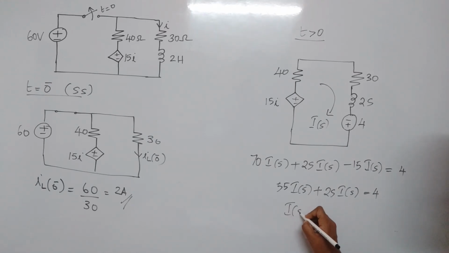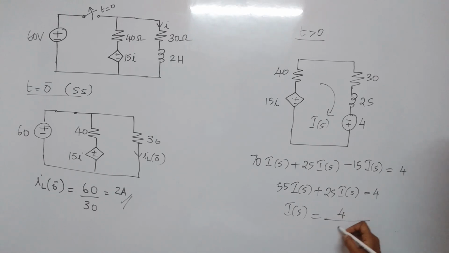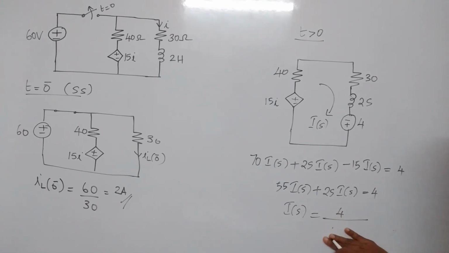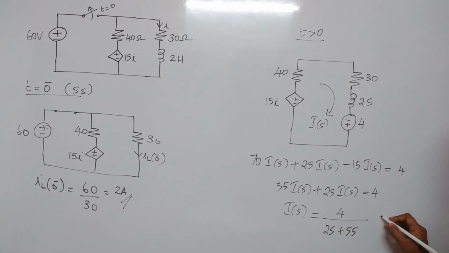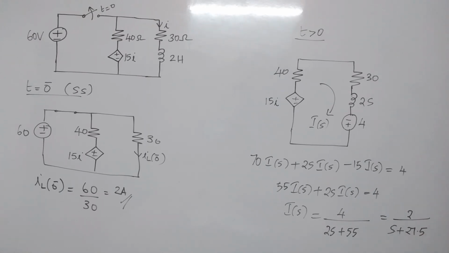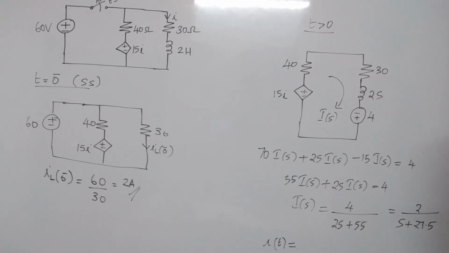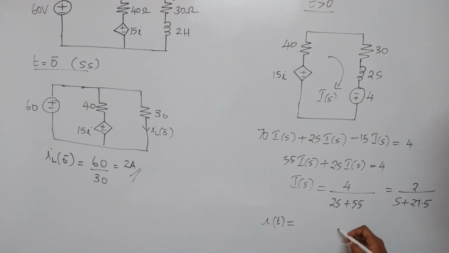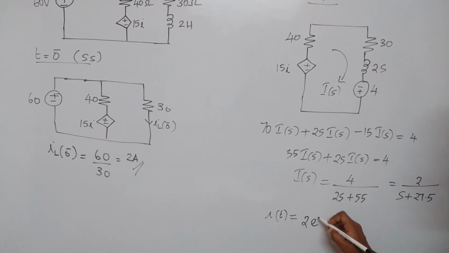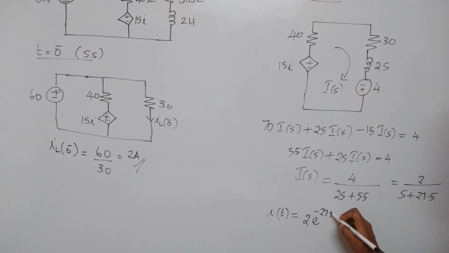Or I of S equal to 4 divided by 2S plus 55, or this can be written as 2 divided by S plus 55 by 2, which is 27.5. So this is in standard form. Therefore I of t is equal to 2 into e raised to minus 27.5t.